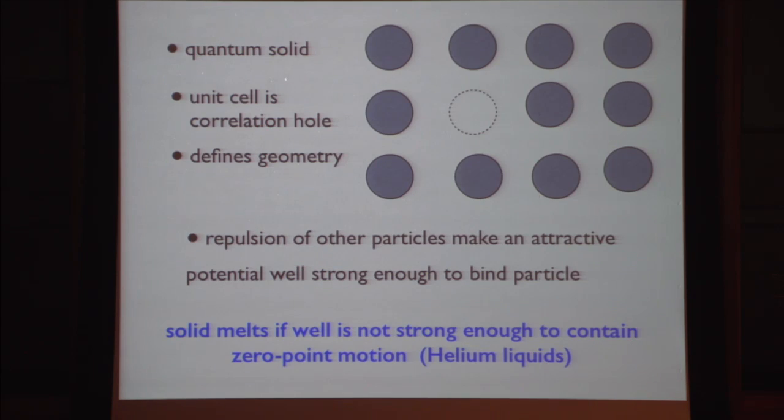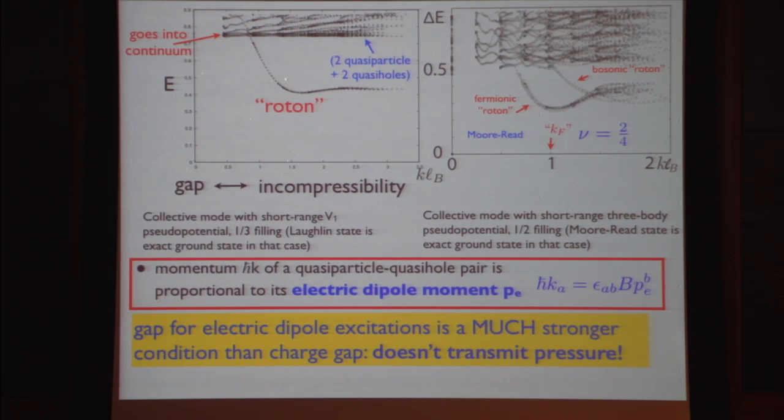Okay, so let's move on. Yeah. Is there a reason why the neutral fermion coincides in energy with the bosonic branch at long wavelengths? Yes, because at long wavelength, this is a non-abelian quasi-particle quasi-hole pair. They're in the Ising-anyon sector, right? So when they're far apart, they just have charge a quarter here and charge a quarter here, and you can't tell.